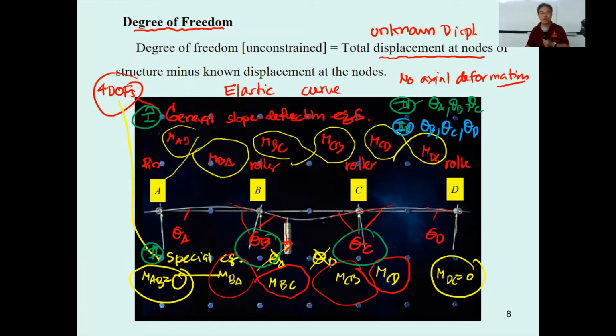If you want to understand it, just stop this video clip and listen to what I'm saying clearly. First, you have to understand the general form of the slope deflection equation that I just mentioned previously. Second, we have to understand the special form of the slope deflection equation.